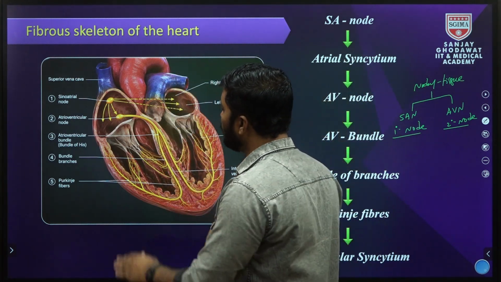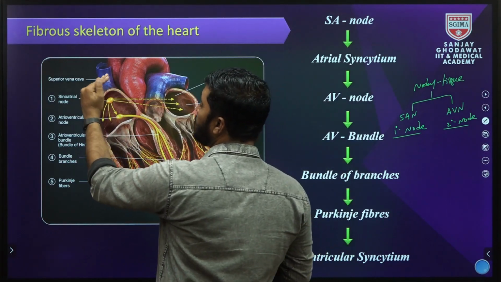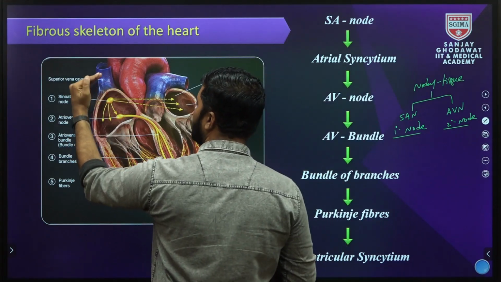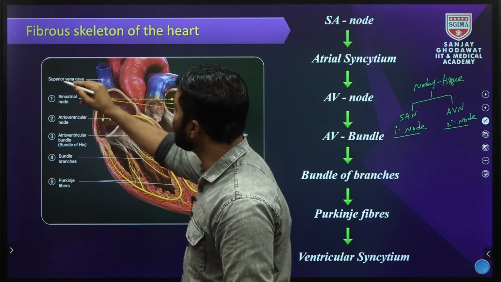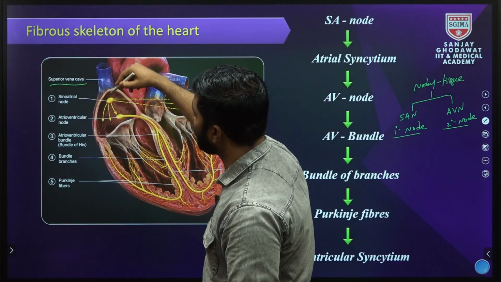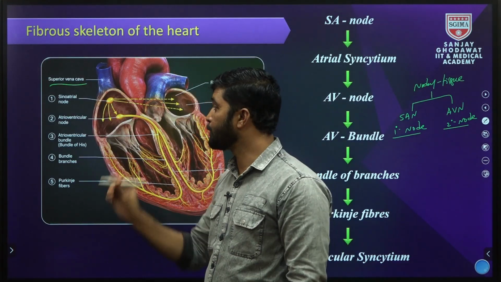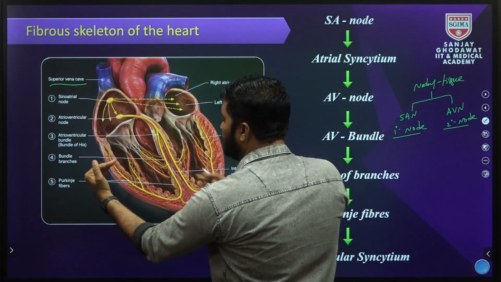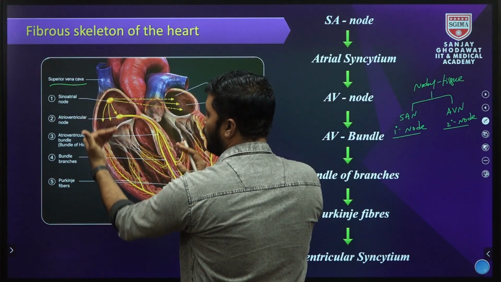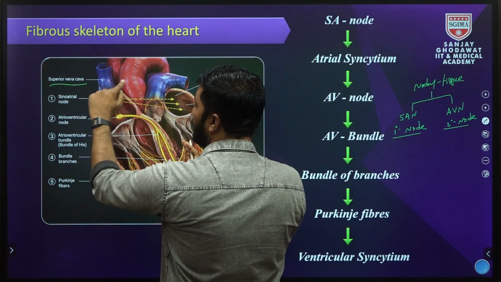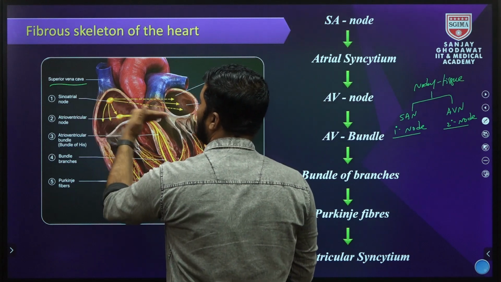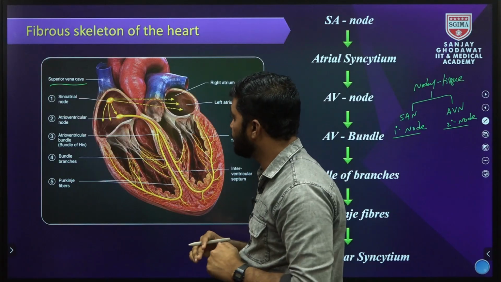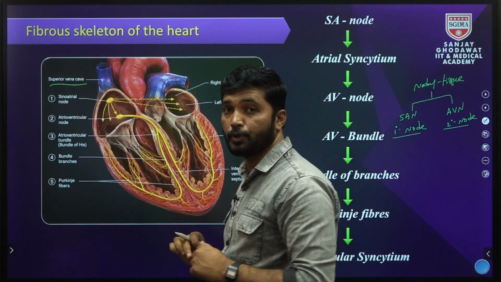The primary node is located in the right upper corner of the right atrium, near the opening of the superior vena cava. The secondary node is in the lower left corner of the right atrium, near the atrioventricular barrier. So that is the importance of the two nodes' positions.